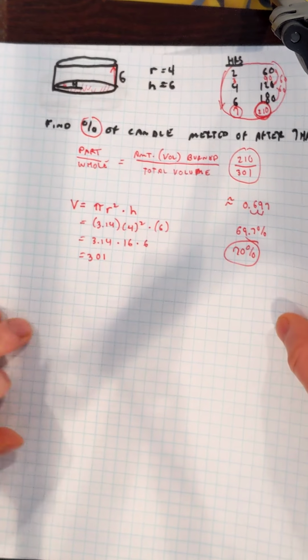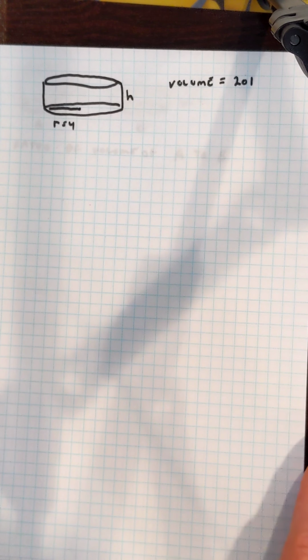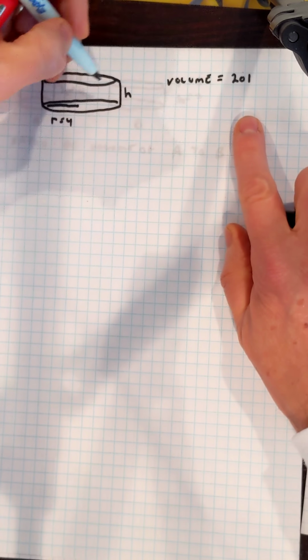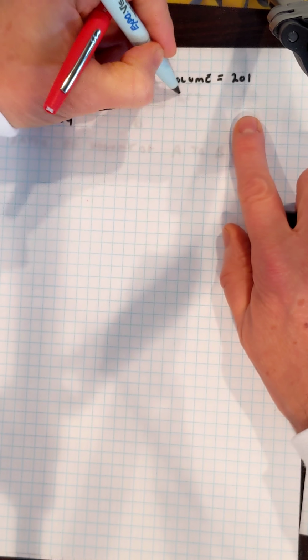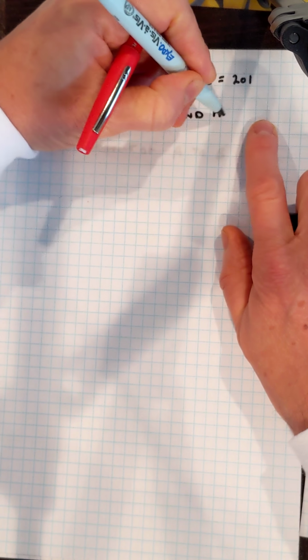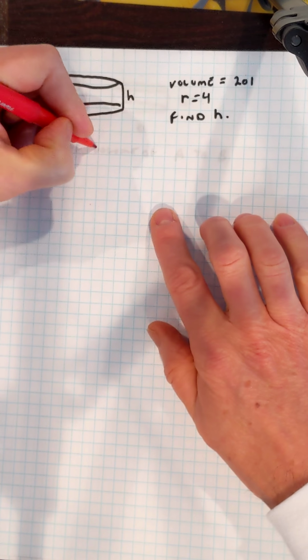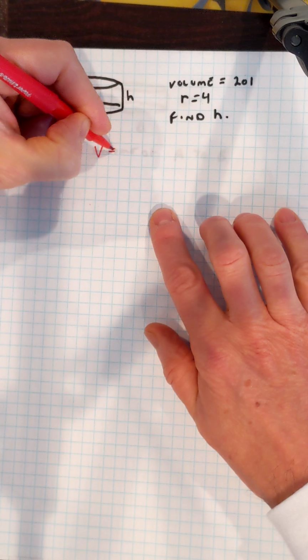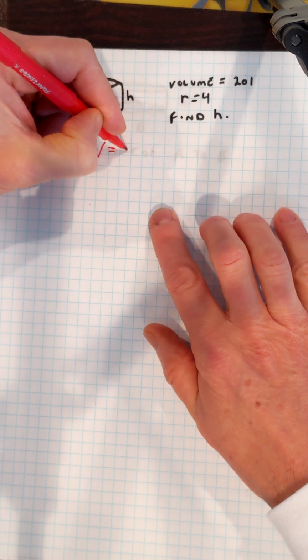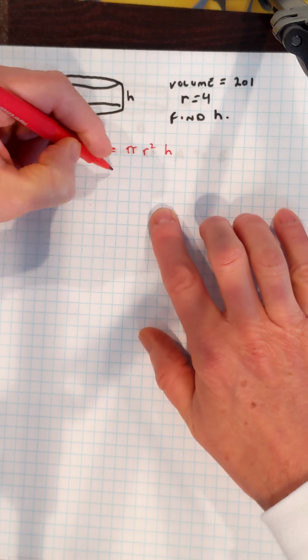Question number 2. That was pretty hard because they didn't give you anything on the table. The second question was this. The question says, given the volume is 201 and given this picture where they tell you the radius is 4, find height. Okay, well, volume for a cylinder, and again, you're allowed to use that formula sheet, please do, is pi r squared h again.